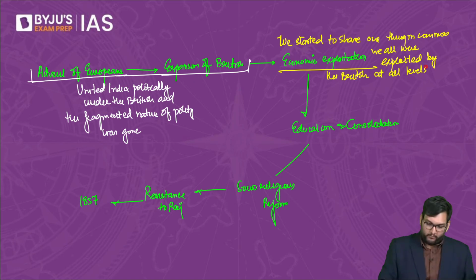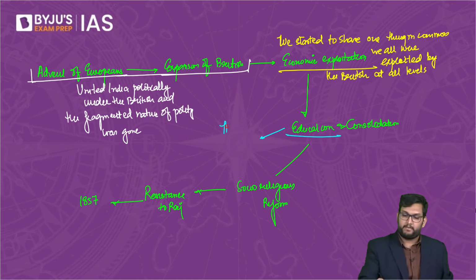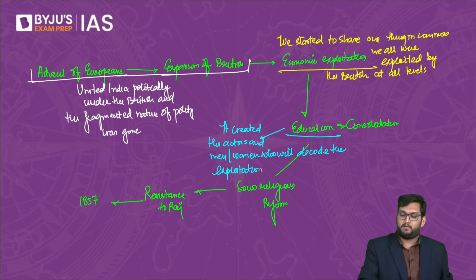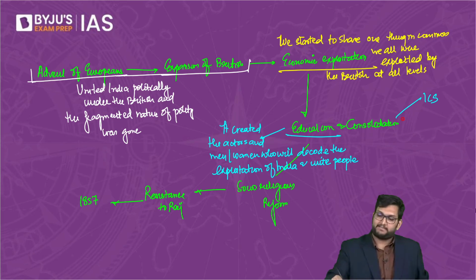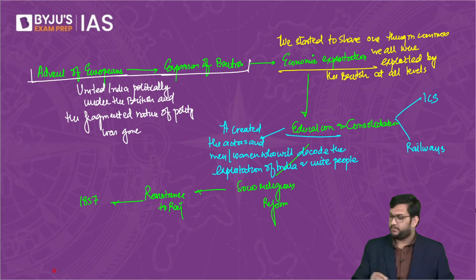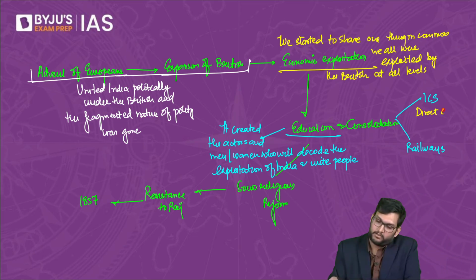Now, what education policy did was, it created the actors and men and women who will decode the exploitation of India and unite people. The ICS, the railways, we came under direct control and one rule.